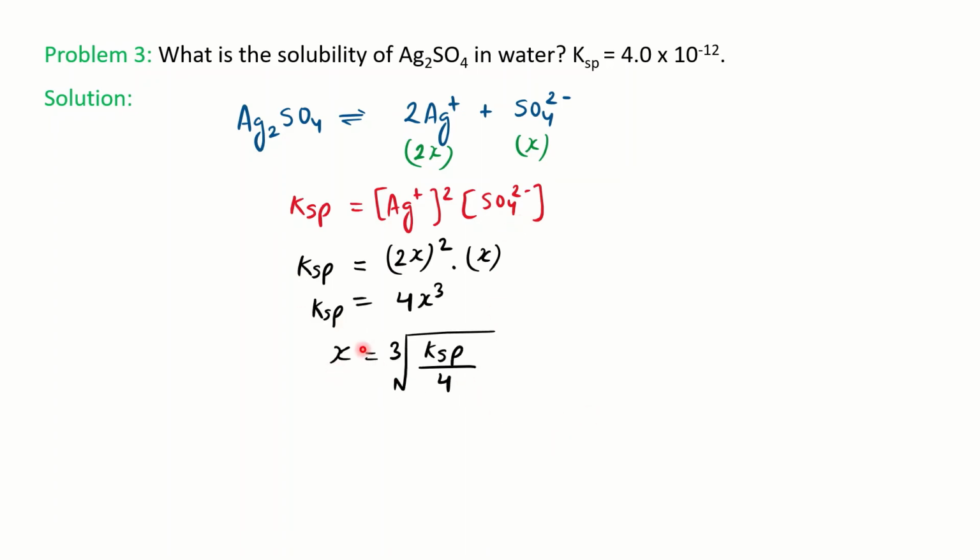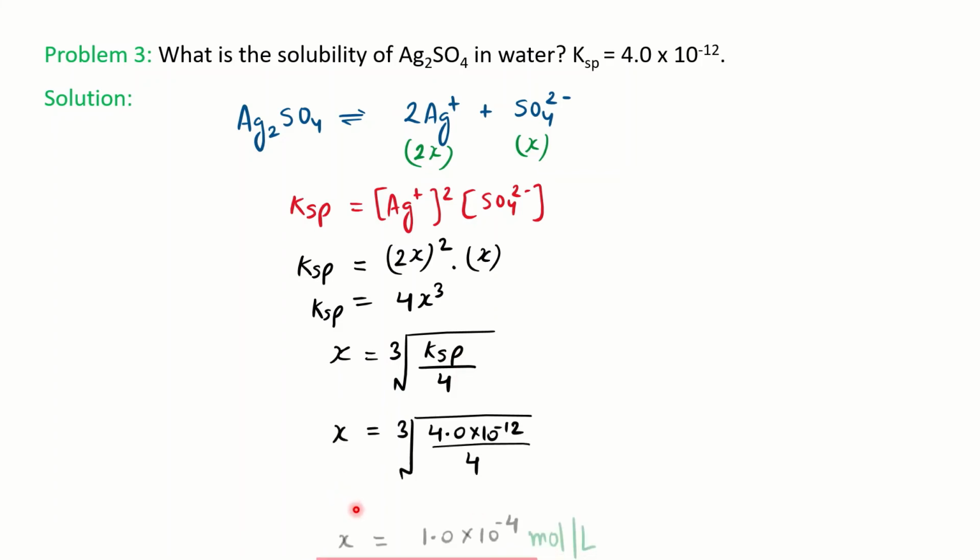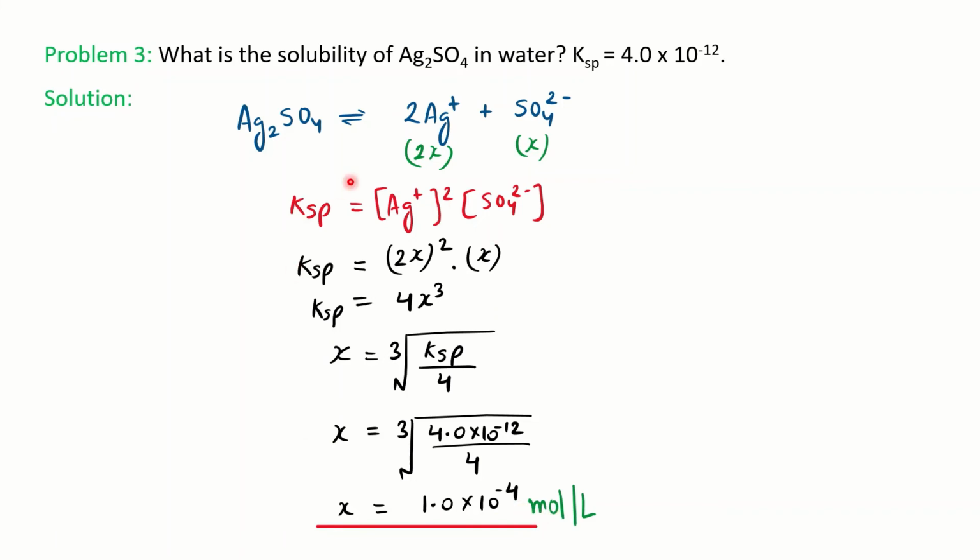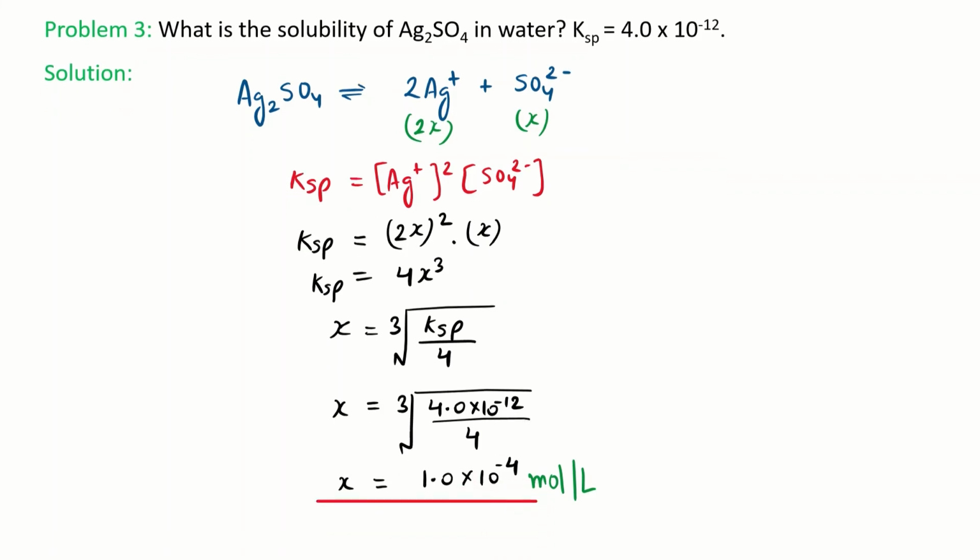You get the formula for the x calculation, KSP is given, and finally you can calculate it, which comes to 1 into 10 to the power minus 4 mole per liter. Since the concentration of this species is equal to the solubility, the solubility of silver sulfate is 1 into 10 to the power minus 4. We have seen this in the first problem.